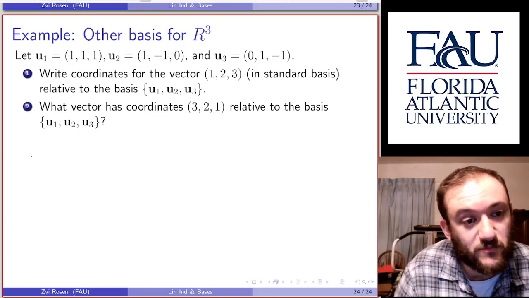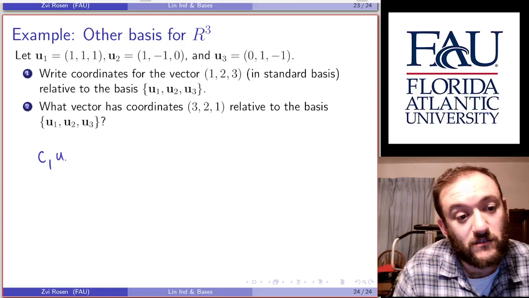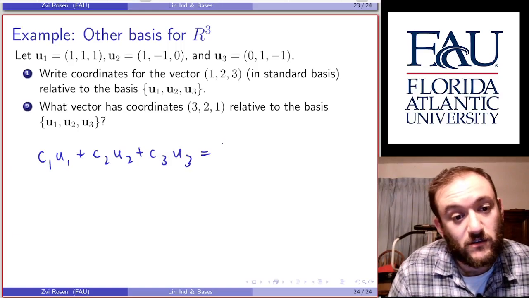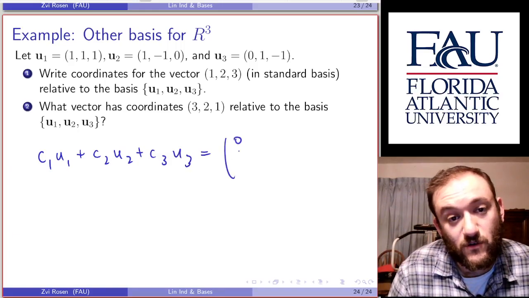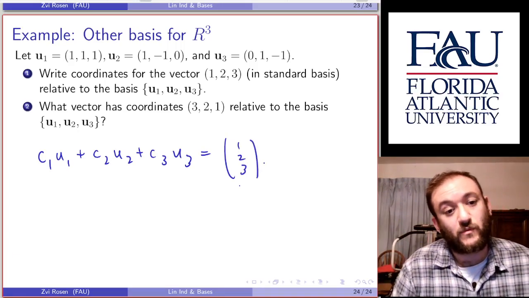So we want to find c1, c2, and c3 such that c1 u1 plus c2 u2 plus c3 u3 is equal to (1, 2, 3).